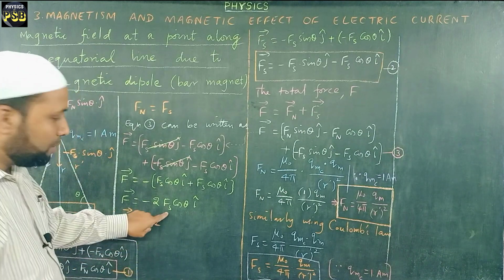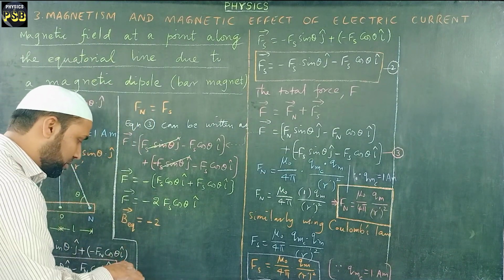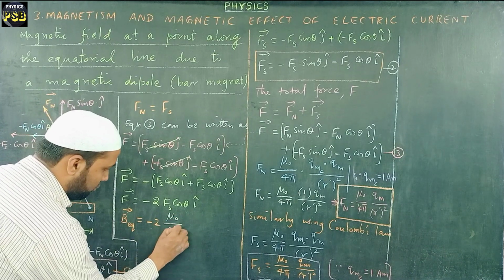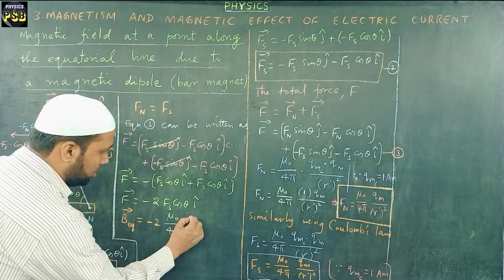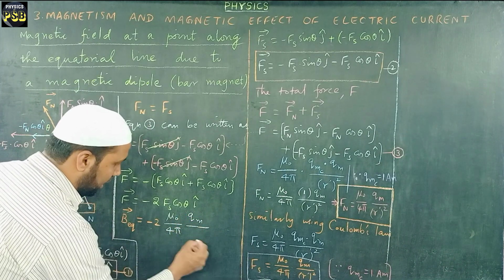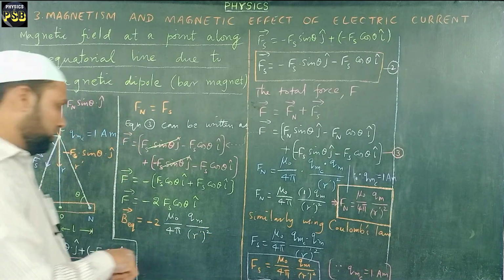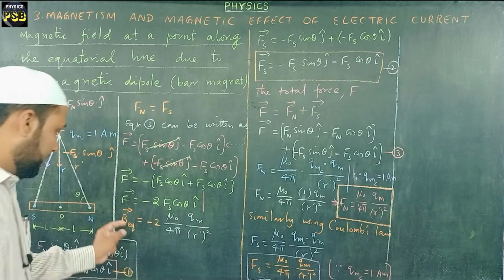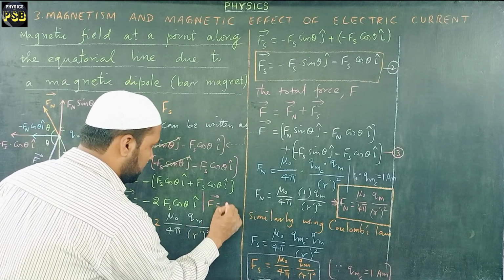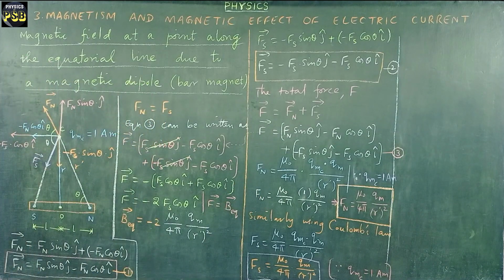So this is nothing but minus 2. Now I am going to substitute the value of Fs from here. What is that? Mu naught divided by 4 pi, Qm divided by r dash whole square. For understanding, I write it here: the F vector is taken as B vector along the equatorial line. Clear?